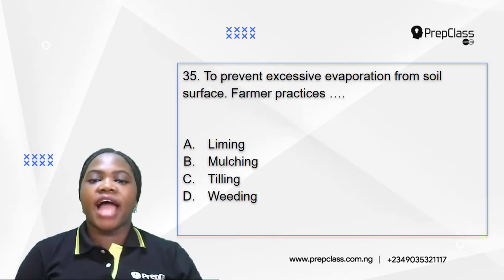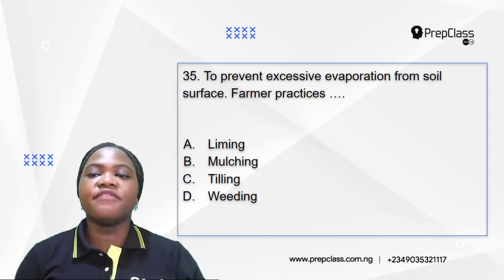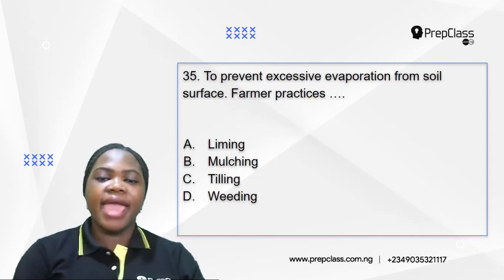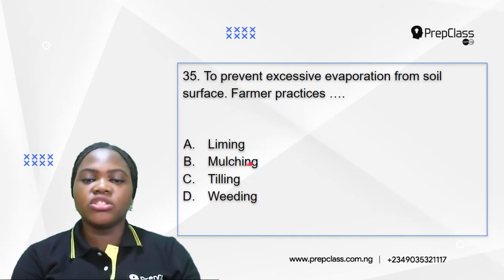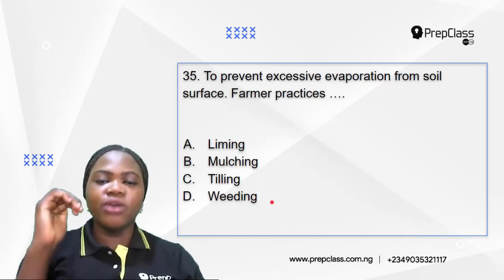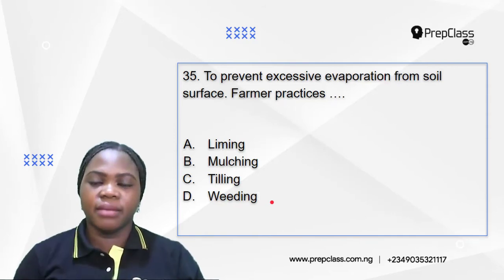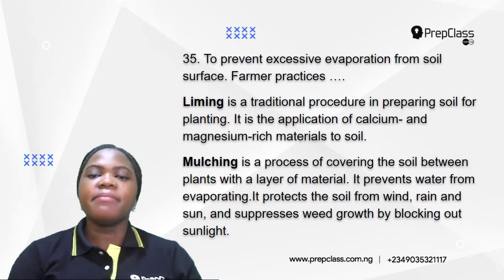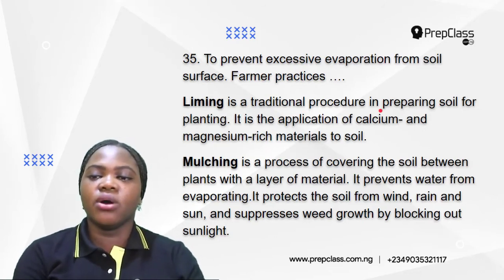Number 35. To prevent excessive evaporation from soil surface, farmer practices A. Liming, B. Mulching, C. Tilling, D. Weeding. So we need to know the meaning of each of these terms. The first one is liming. What is liming? Liming is a traditional procedure in preparing soil for planting.